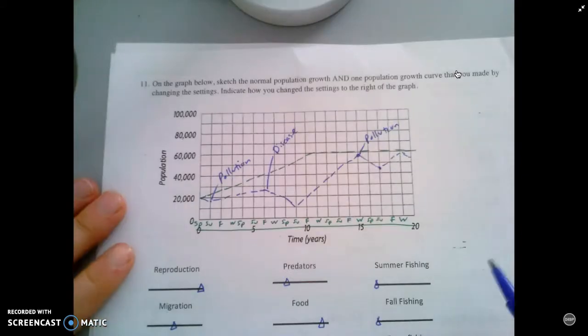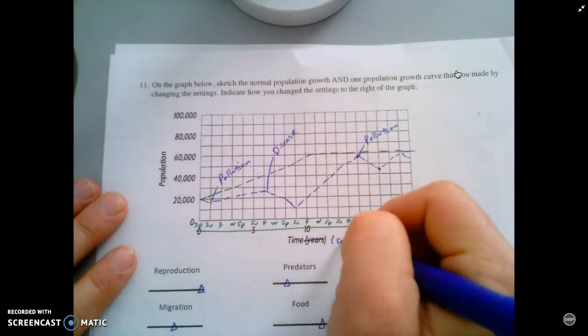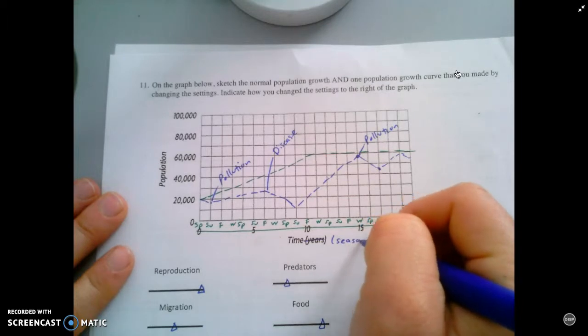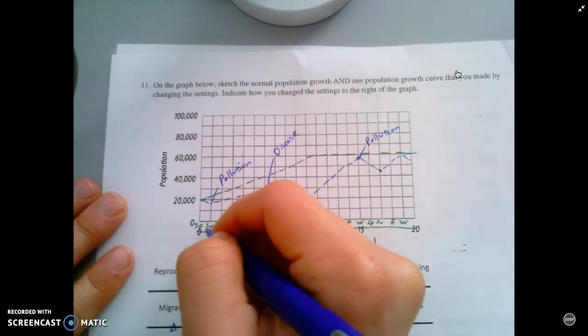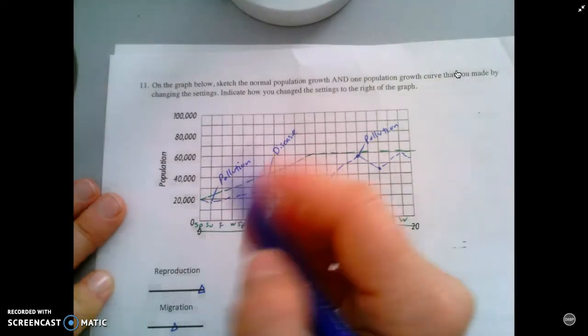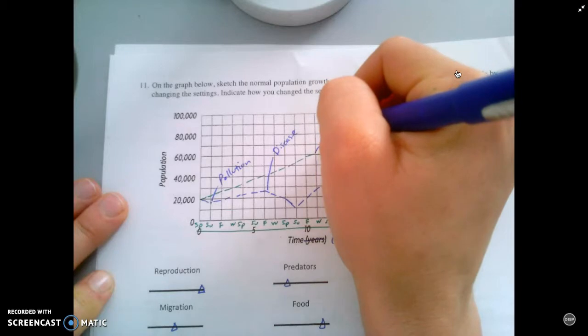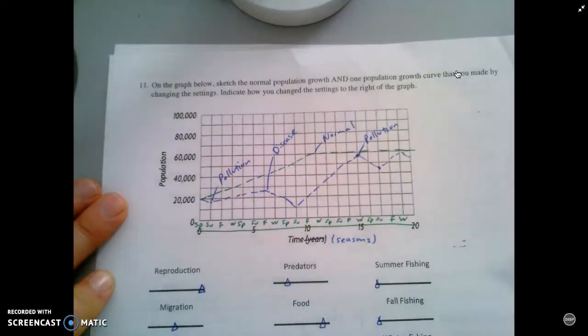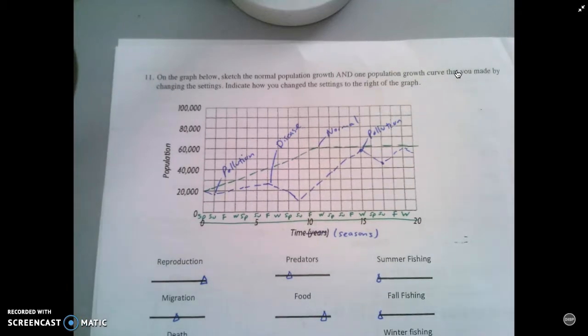Going through the same process again, I relabeled my seasons. SP is spring, SU is summer, F is fall, and W is winter. And I drew my normal line, so green this time was normal. That's without changing any of the factors that are available to change in this simulation.